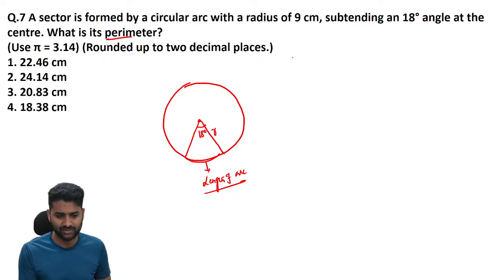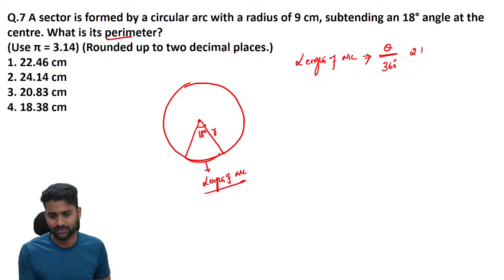Before calculating the perimeter, let's find the length of the arc. So what is the length of the arc here? Whatever the theta, the subtended angle, divided by 360 into 2 pi r. So theta value 18 by 360 into 2 into pi value, which is already given as 3.14, and the radius is given as 9 centimeters.